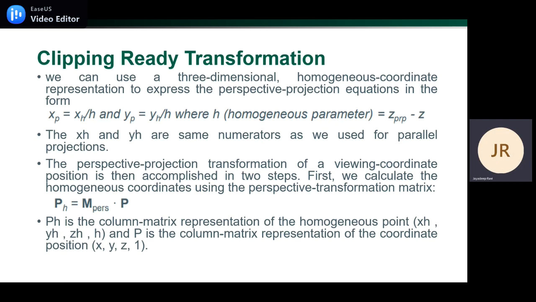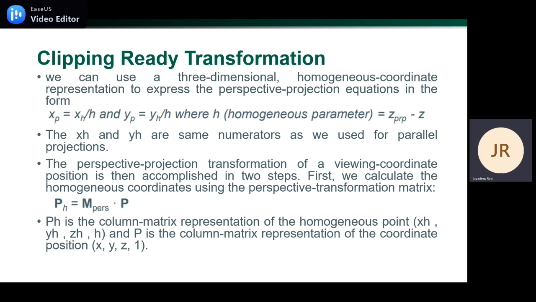We can use a three-dimensional homogeneous coordinate representation to express the perspective projection equations. If we divide a Cartesian equation by the homogeneous parameter, we obtain the homogeneous coordinates. Here the xh and yh parameters are the same as for parallel projections, and the perspective projection transformation of a viewing coordinate position is accomplished in two steps.